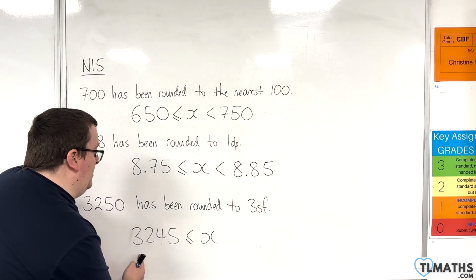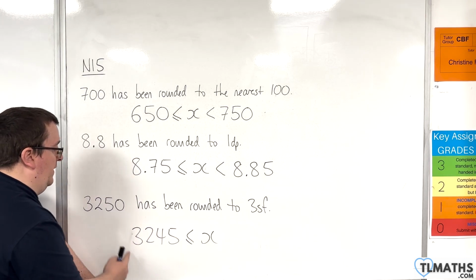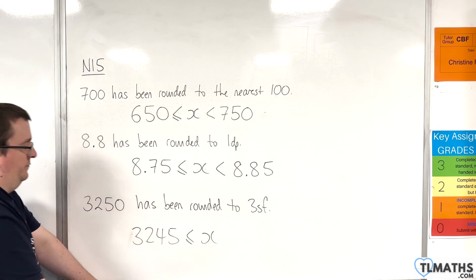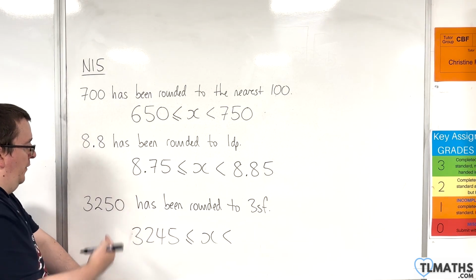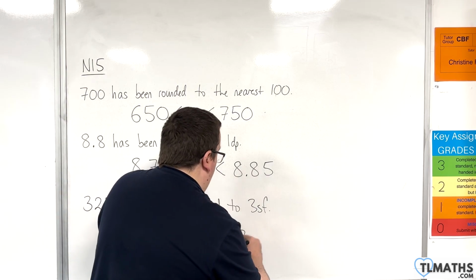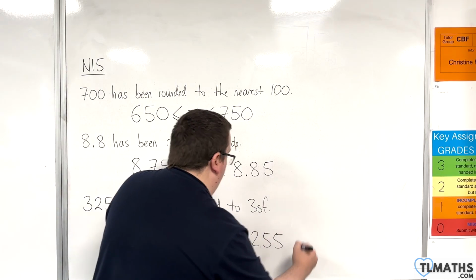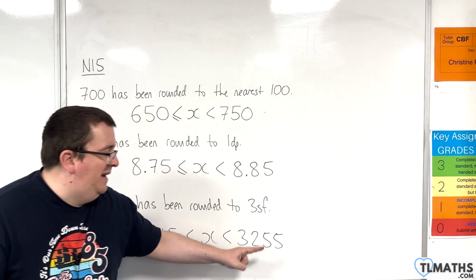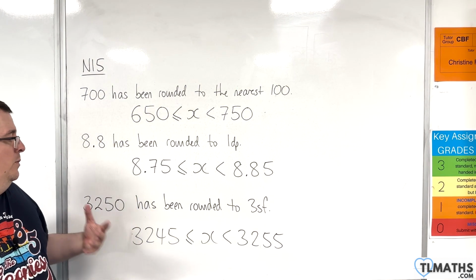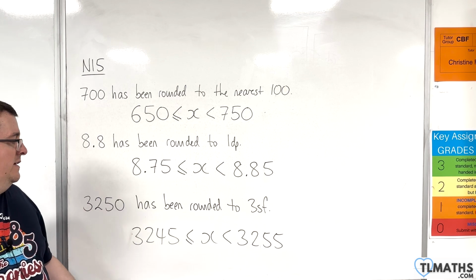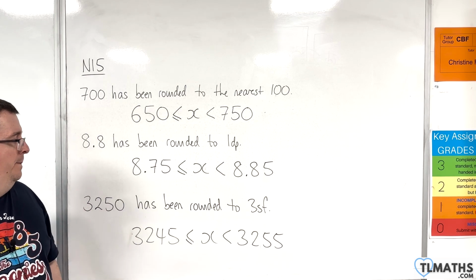That's the lowest number that would round to 3,250 to 3 significant figures. To get the upper bound, add 5 onto that: x is less than 3,255. X has to be less than that value, otherwise it will round up to 3,260, which is what I don't want.